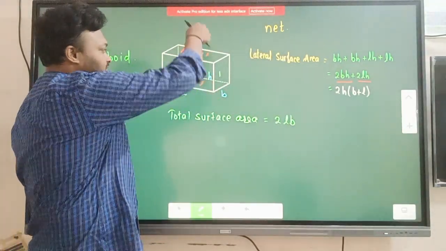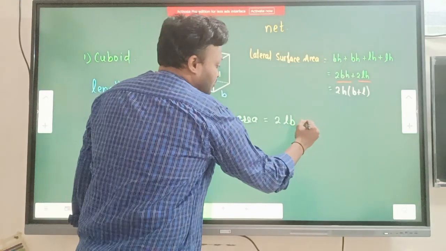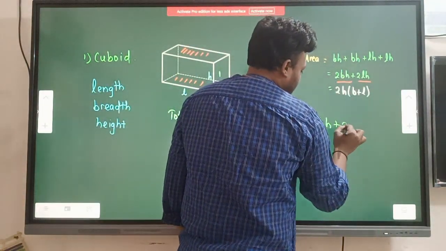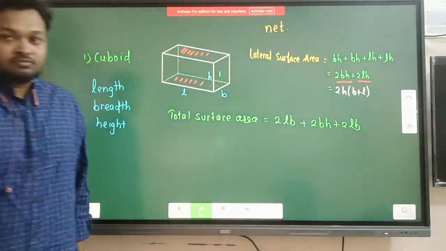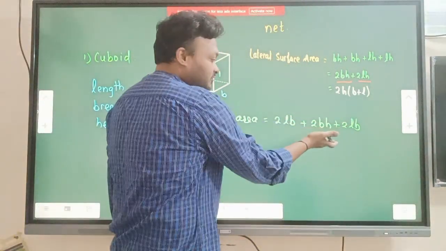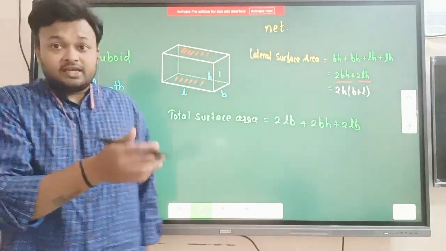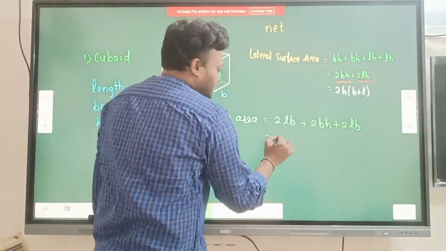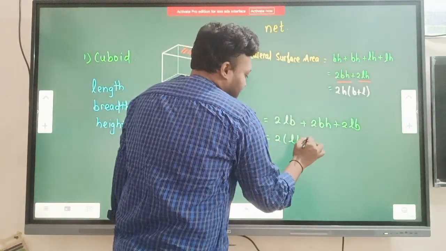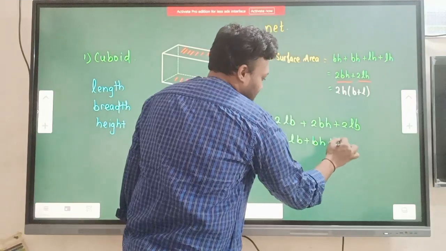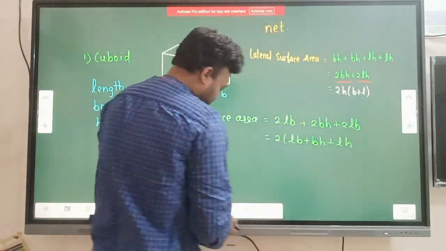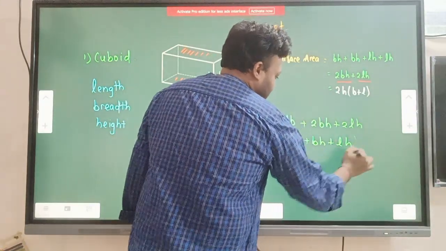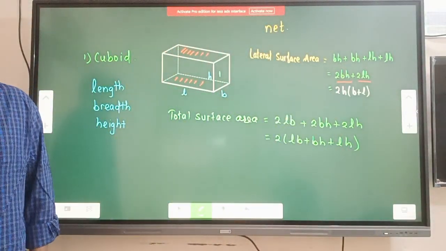One face is this one, the second face is this one. And we have these two remaining terms. This is the lateral surface area, and if you add the area of the roof and floor, we get the total surface area. So 2 in common, (LB plus BH plus LH). So that's it. This is the formula of total surface area.